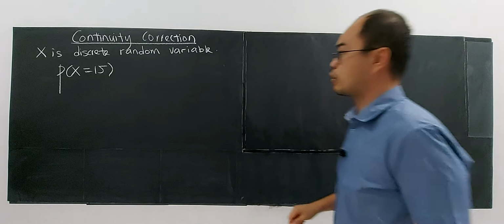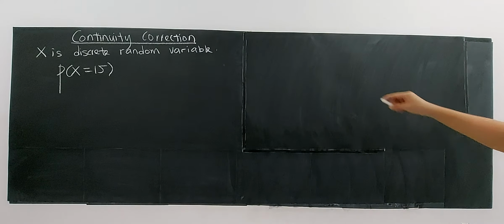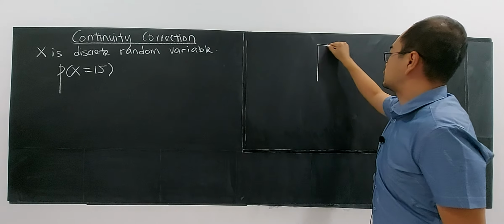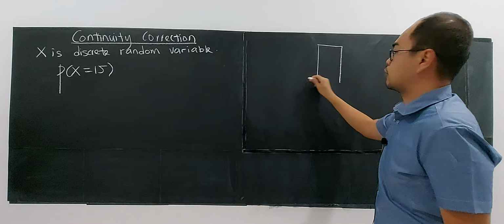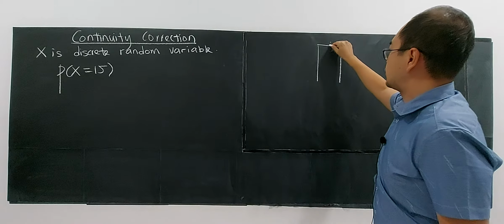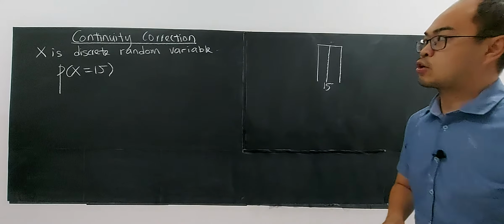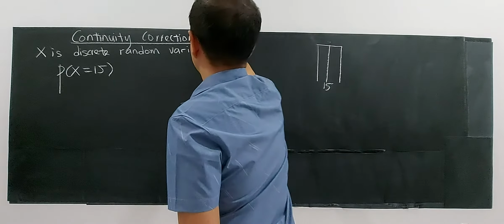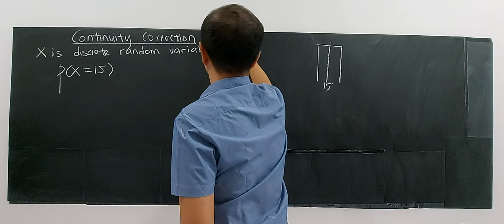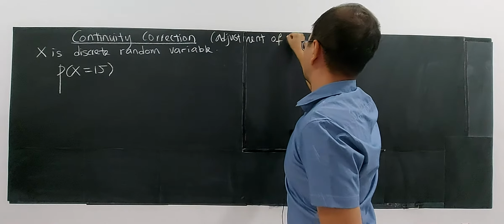To do continuity correction, usually we will draw a rectangle, for example a box. So let's say there is a 15 here, the midpoint here is 15. The continuity correction here is we do some adjustment of 1 over 2.